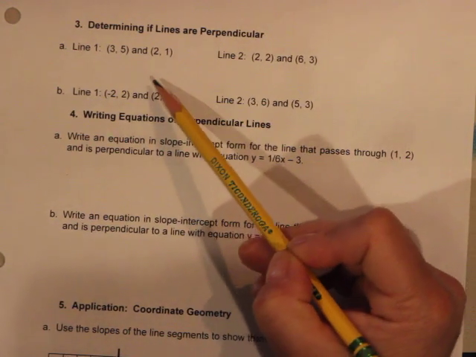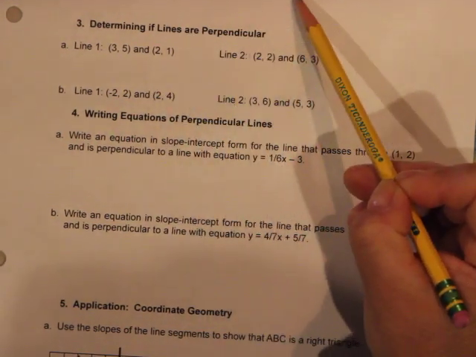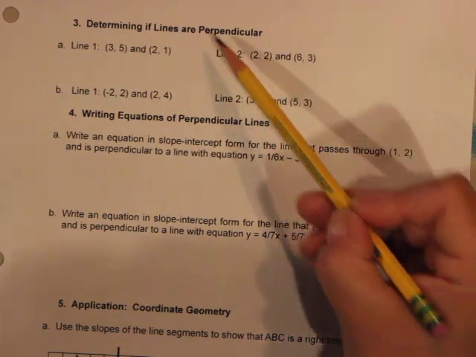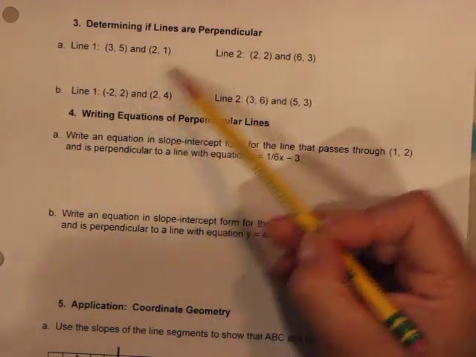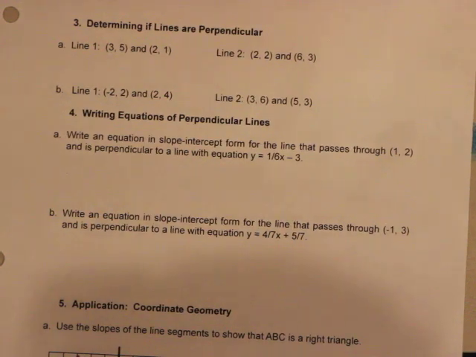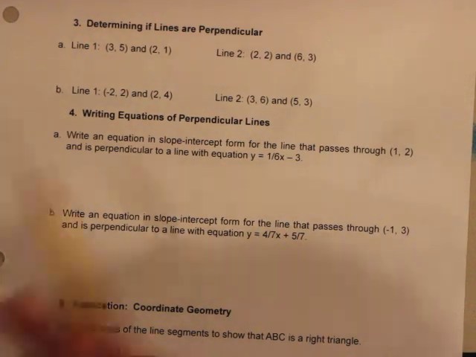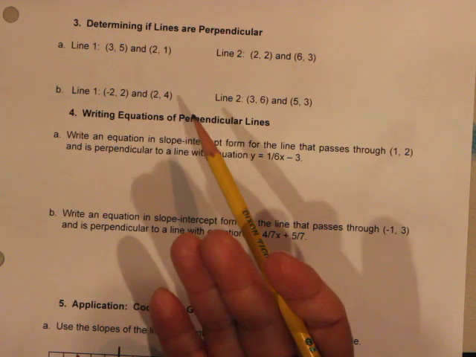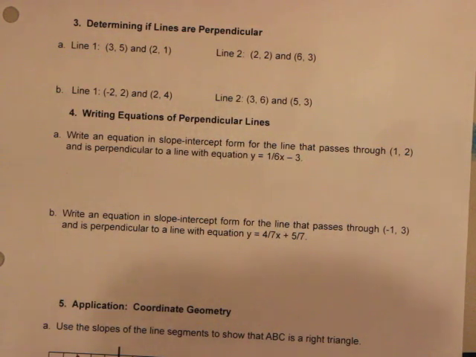Remember, if I've got a positive slope going this way, if the line's going to be perpendicular this way, then it's got to have a negative slope. So a positive slope, a negative slope, and we explored this a little bit in our transformations, right? They're going to be reciprocals of each other, all right? So slopes of perpendicular lines are negative reciprocals.